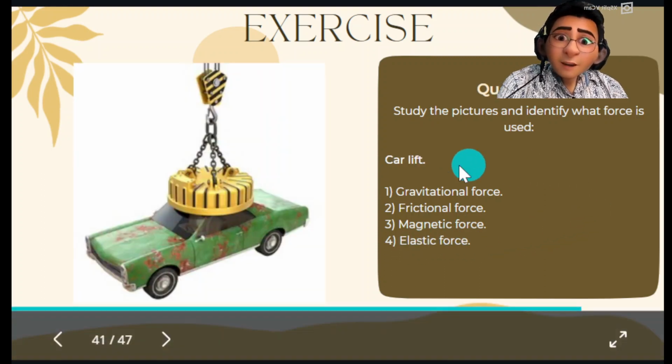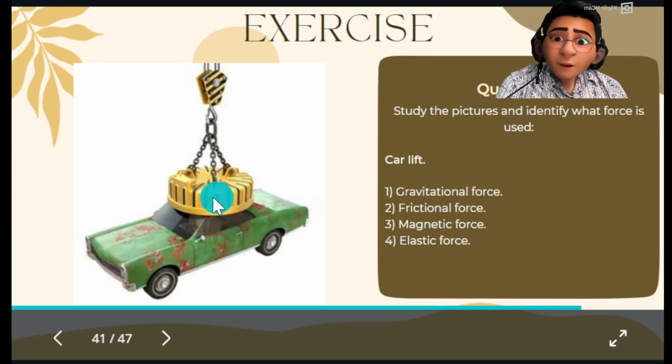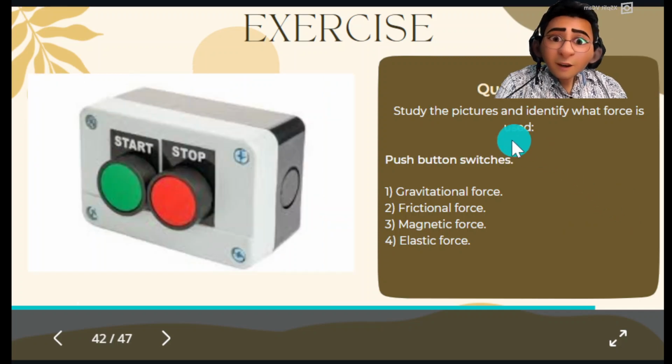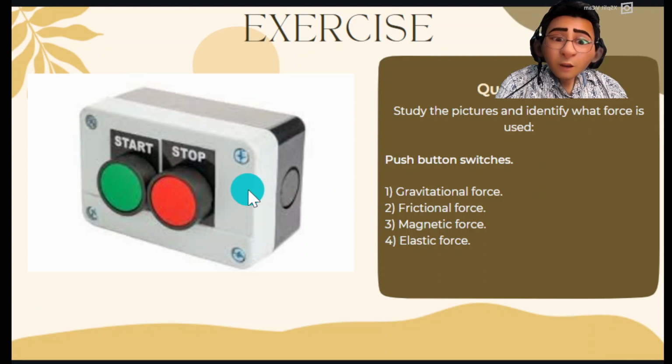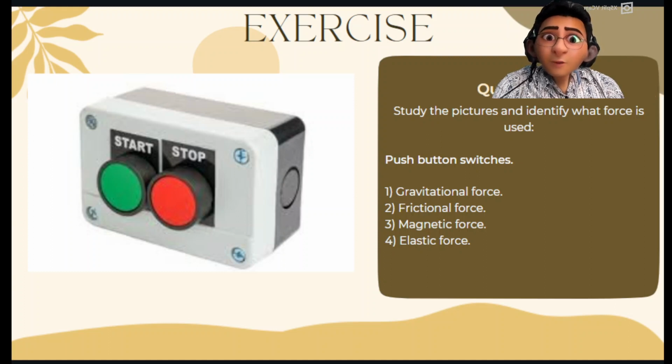Question 6. Car lift. Lift a car using this special thing. Is it gravitational, frictional, magnetic, or elastic? Next, push button switches, not the type like your home button switch for your light.